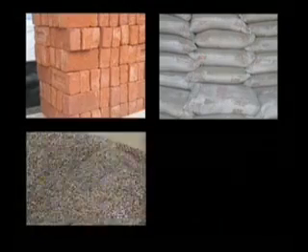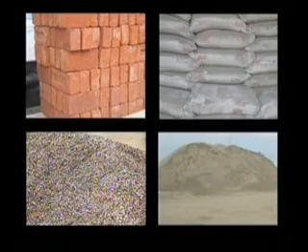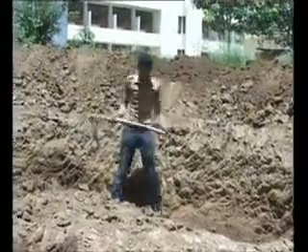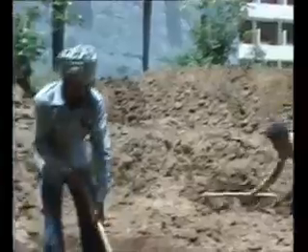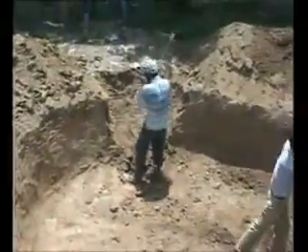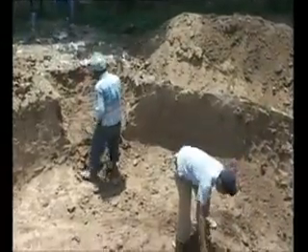Once the construction material is procured, we start construction of the biogas plant. Firstly, we dig a circular pit for the construction of the digester of the biogas plant. Another pit is dug by the side of the main circular pit for the construction of the outlet of the plant.